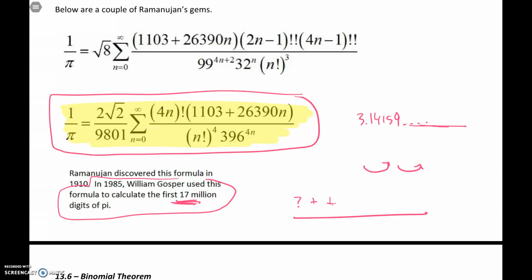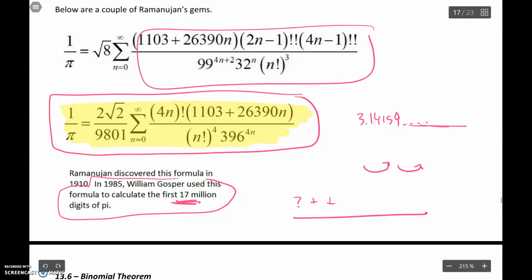One expansion might require 500 terms to get 1,000 decimals of pi, but another one might only require 200 terms of an infinite series to get 1,000 digits of accuracy.